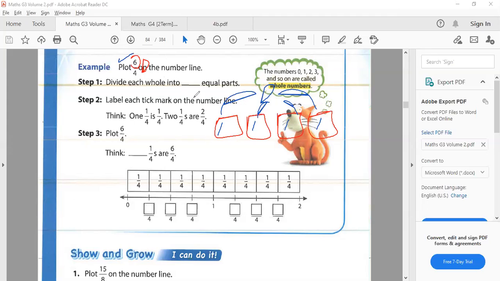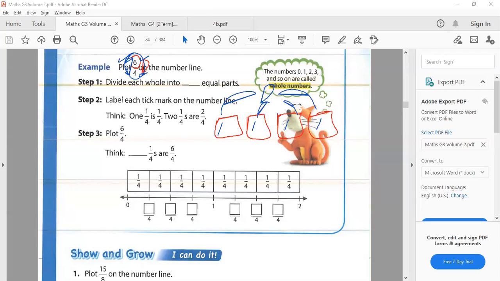So with 6 over 4, each one will take more than 1 cupcake. So 6 over 4 is greater than 1. As I said, the numerator is greater than the denominator, so the whole fraction is greater than 1. Okay.